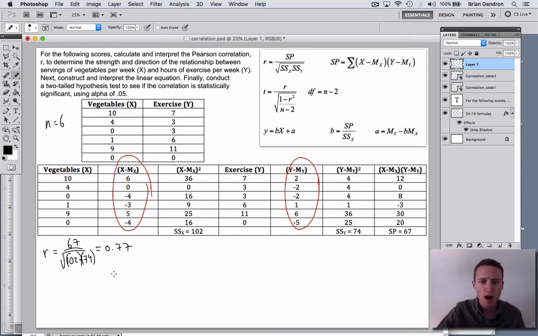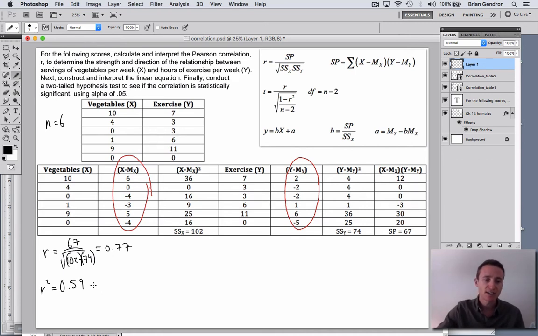Now, how strong is that correlation? One of the formulas that's not listed here for you, but that we've used a lot, is R squared. We don't need the formula here because we already have R. If you square R, you get 0.59. And recall from earlier modules, a value of 0.25 is considered large, or in this case, strong.